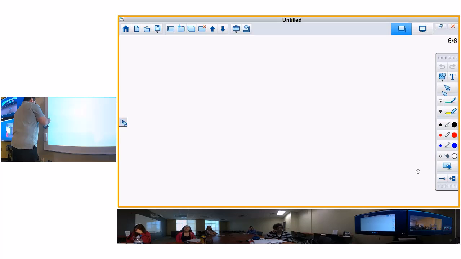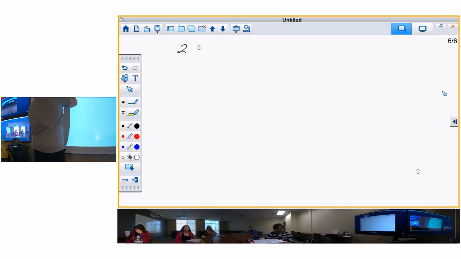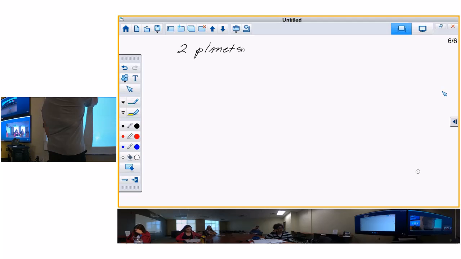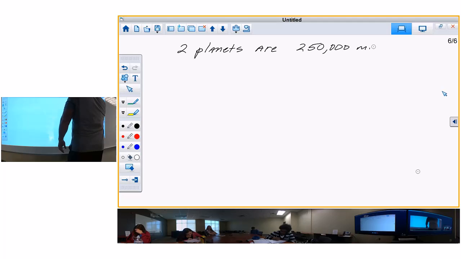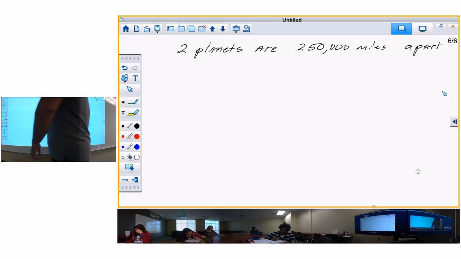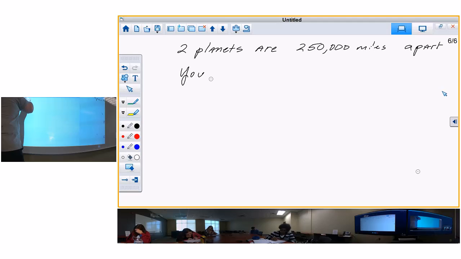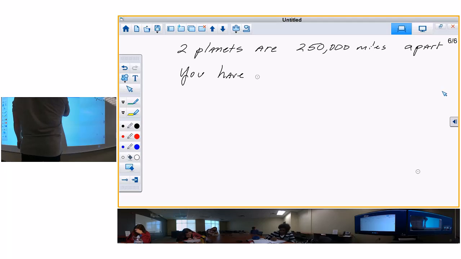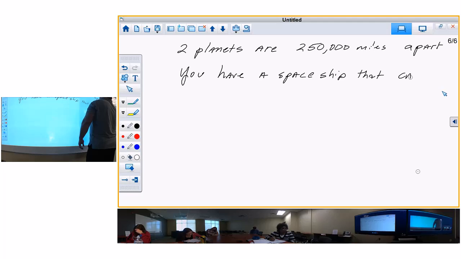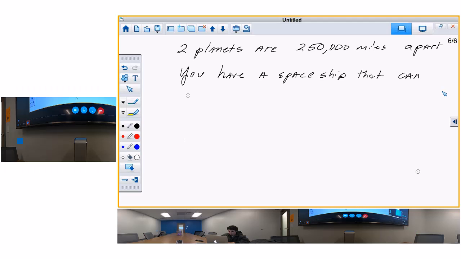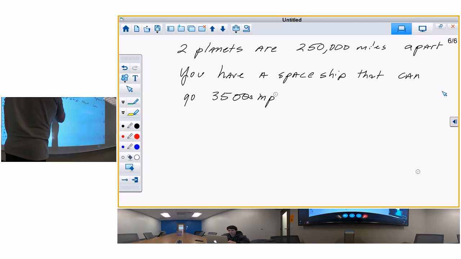Here we go. 2 planets are 250 million miles apart. You have a spaceship that can go 3,500 miles per hour.